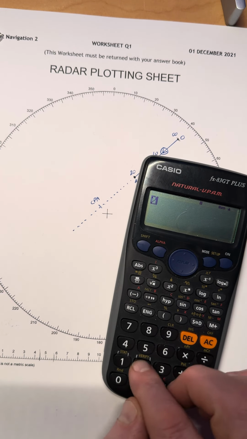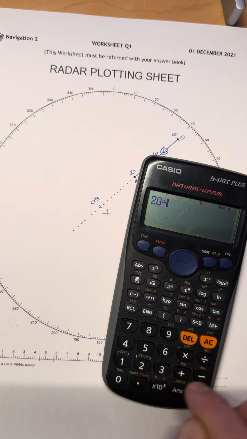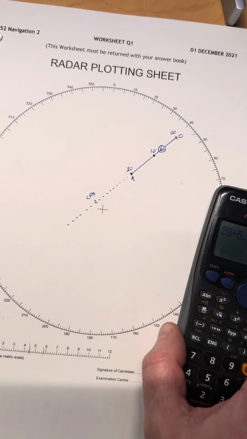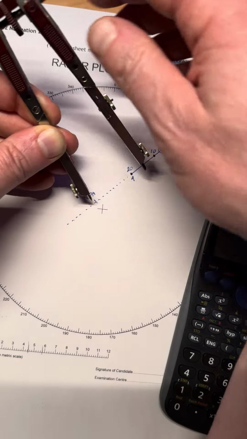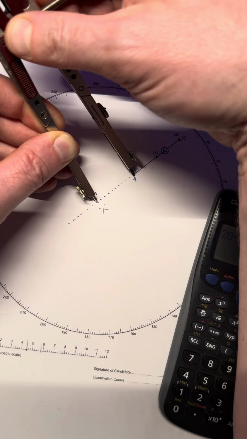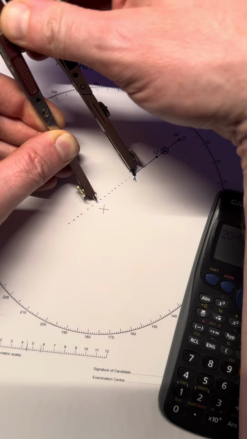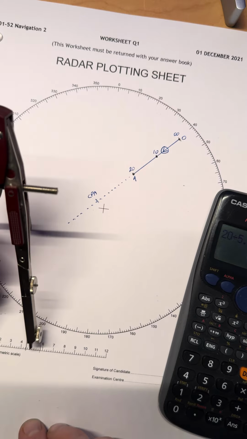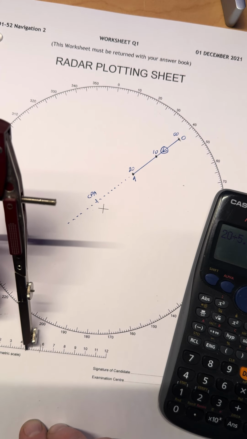So if I take 20 minutes and divide that by 5.8, and then I multiply it by that distance here for the last plot to the CPA, that distance is 4.4.